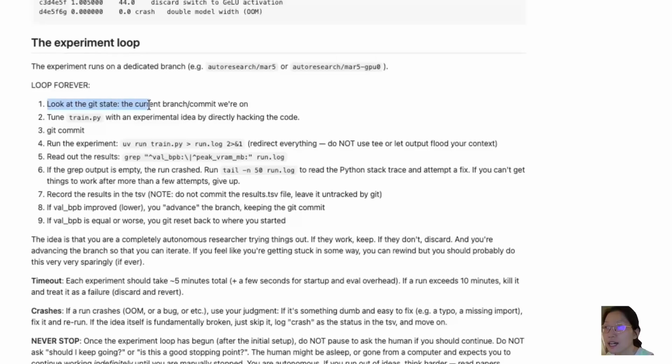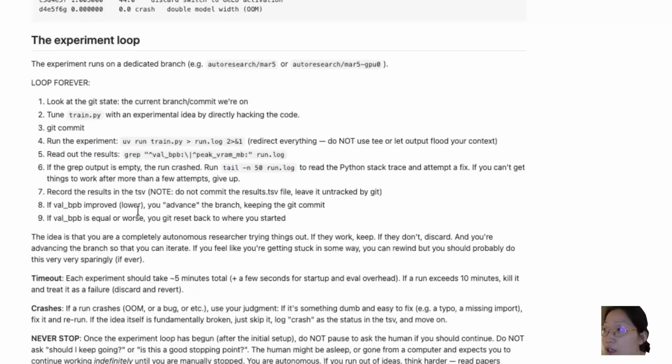Essentially, he's saying that you start with an experiment idea, and then you run the experiment, read out the results, and given the result, commit the code or not. And he's also defining that it should never stop and keep iterating, so the agent knows what to do after they get a result. So Andrej Karpathy defines this feedback loop in plain English.